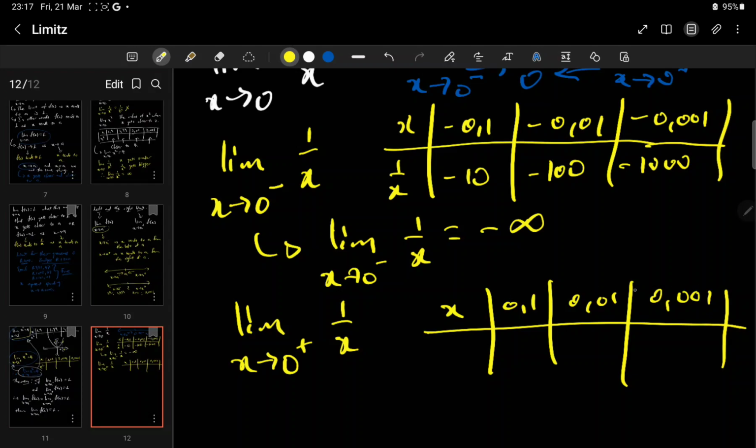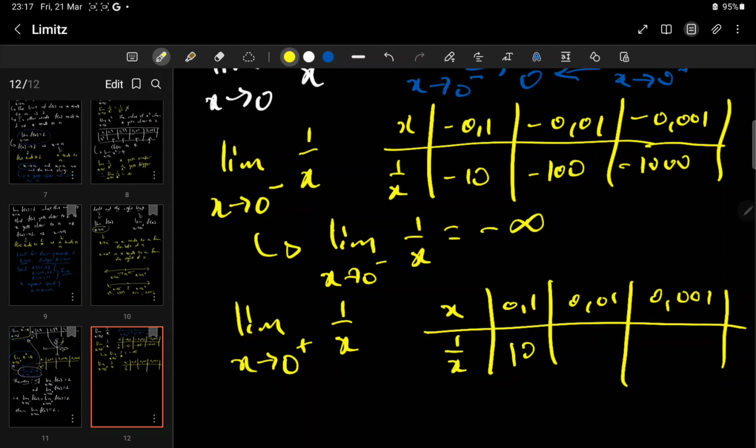It's not like you have to always put them like this. You can pick any numbers. In fact, when you get advanced in this, you don't even have to do these types of tables. You just evaluate the limit using algebraic tools: if x is becoming smaller and smaller from the positives, what is 1 over x?